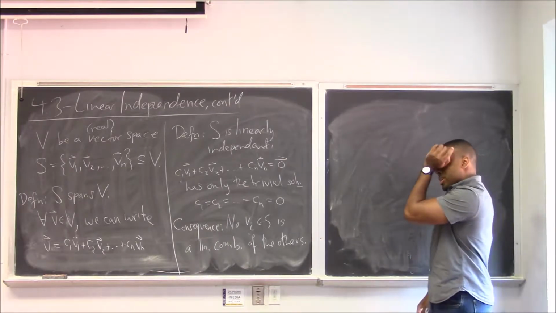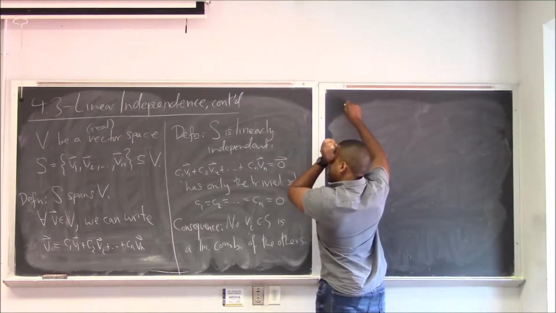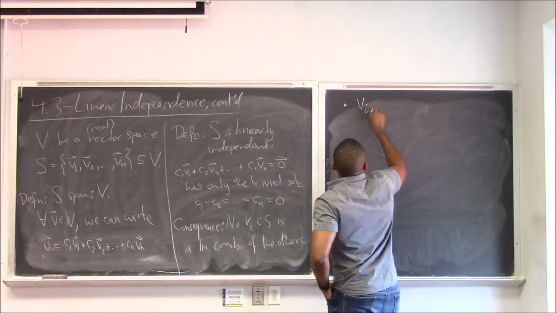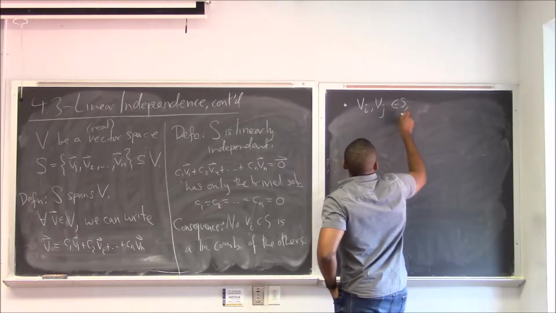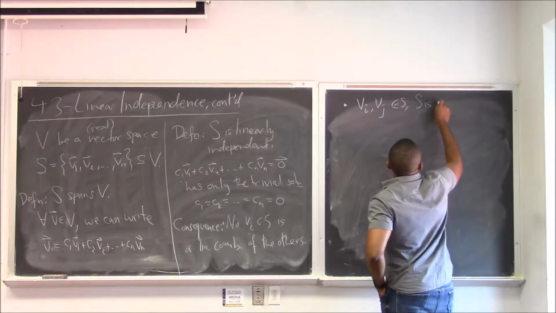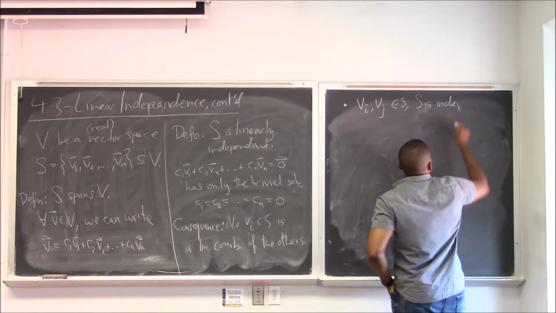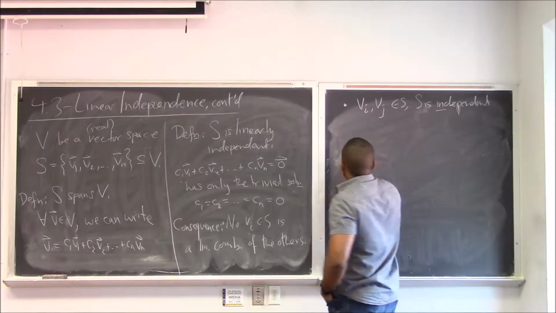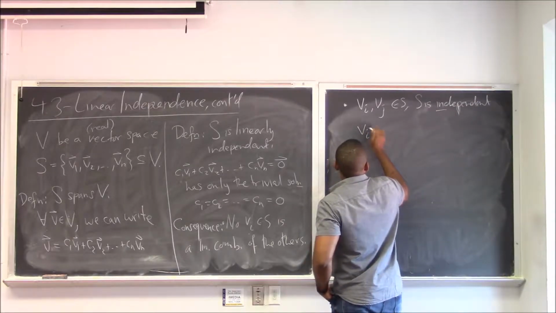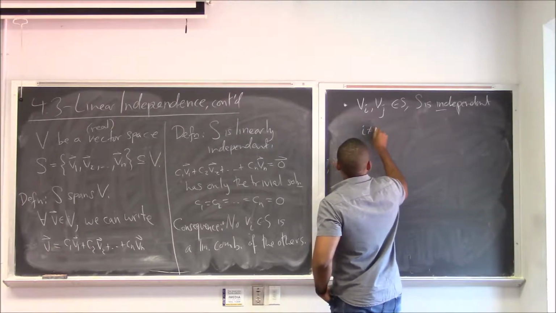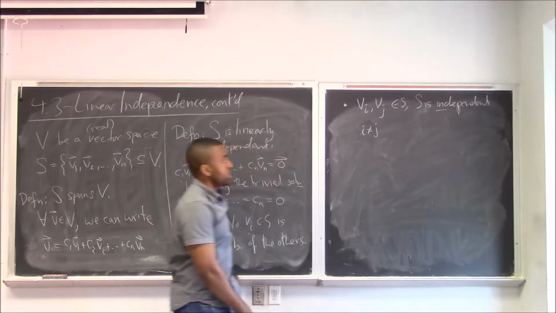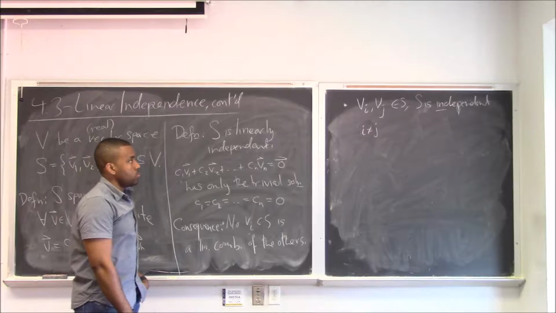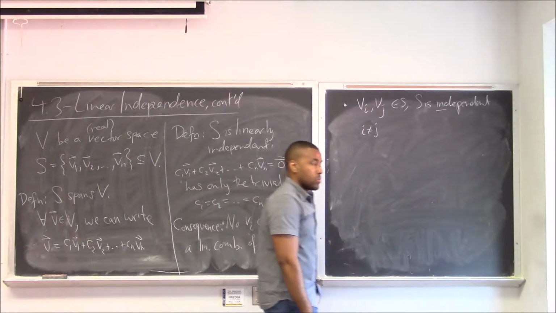What can I say about any two vectors? Let's say another consequence: I have vi and vj in S, where S is independent and i is not equal to j. What can I say about these two vectors? They're also linearly independent.